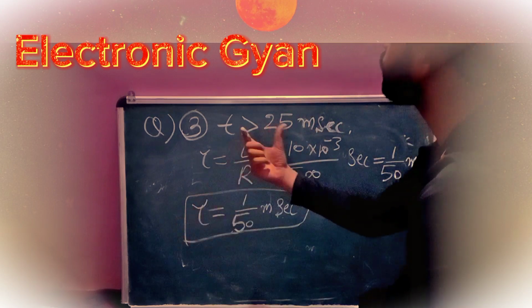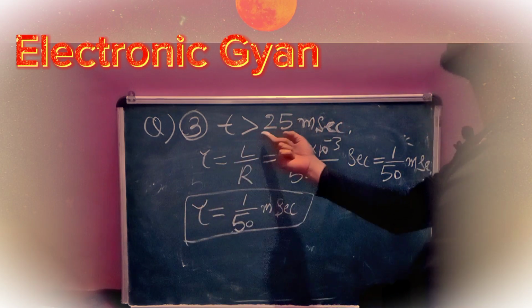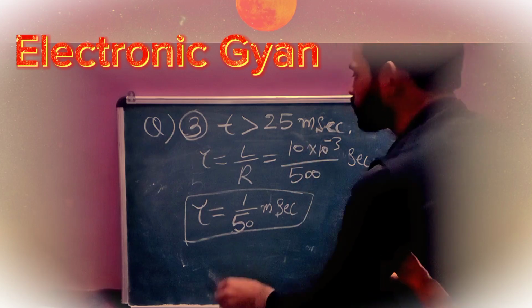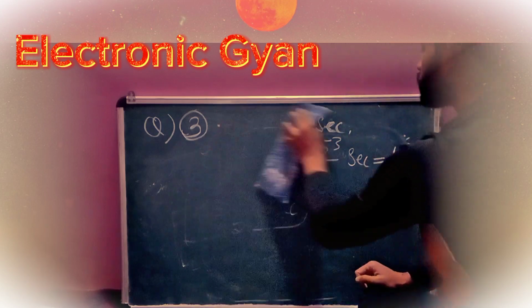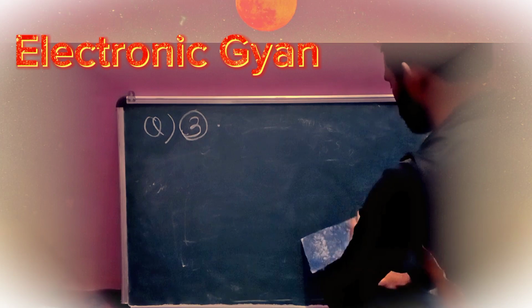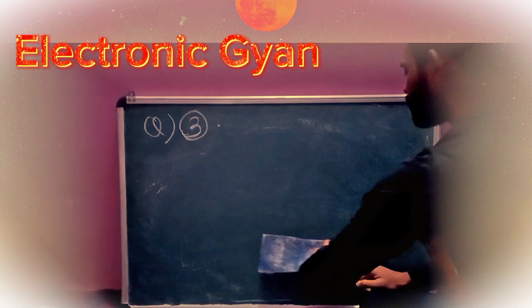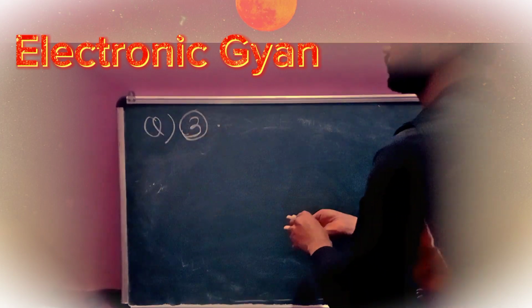Now we are going to find the final current expression for t greater than 25 millisecond. So let's see. Now we have the initial current, final current, and time constant of the circuit.